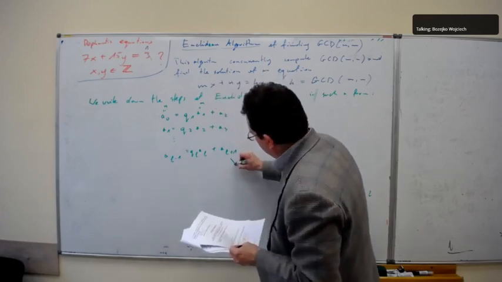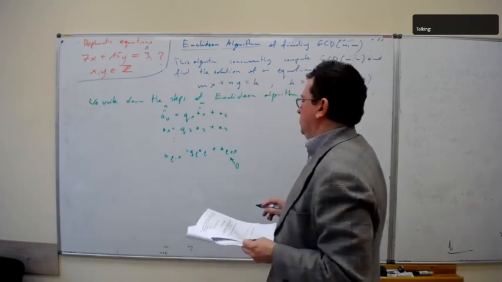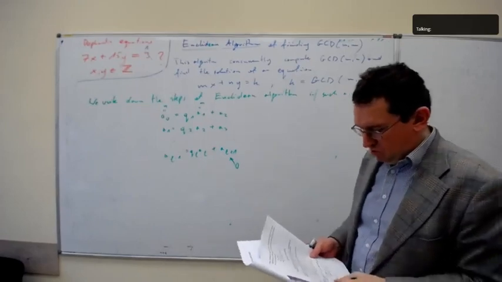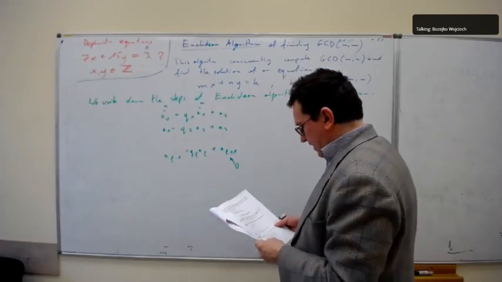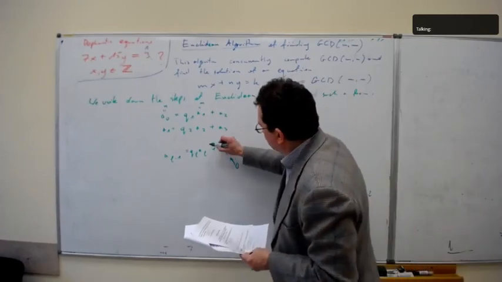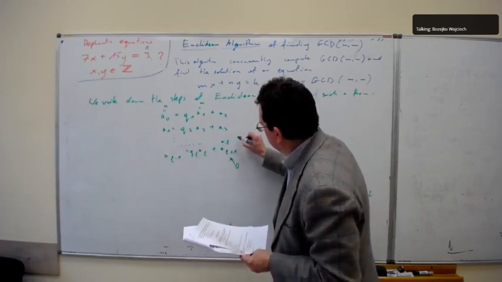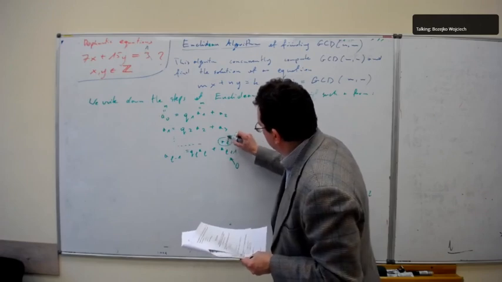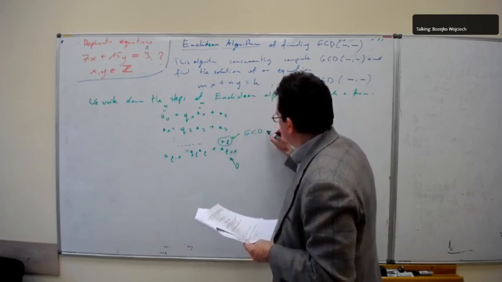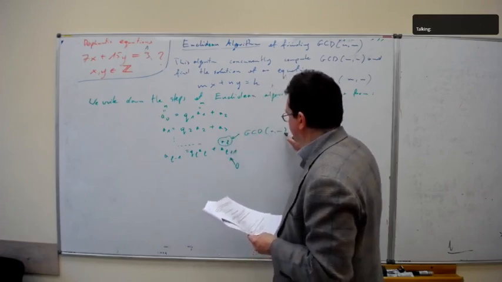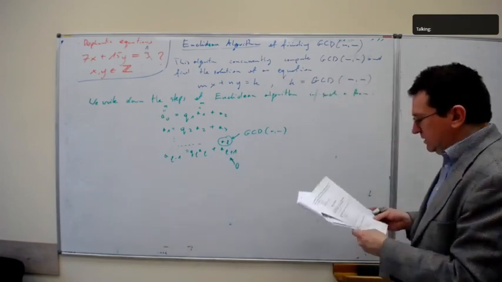And we stop when this is 0. And a_l, the one in the previous line, is the greatest common divisor of n and m. So this is quite easy.